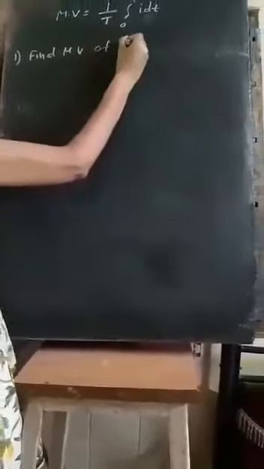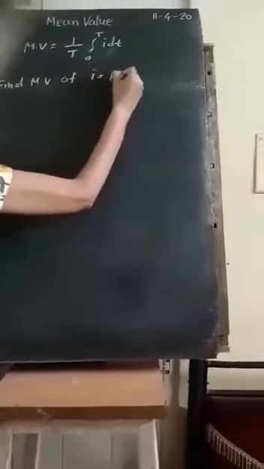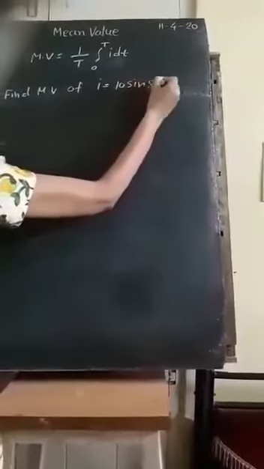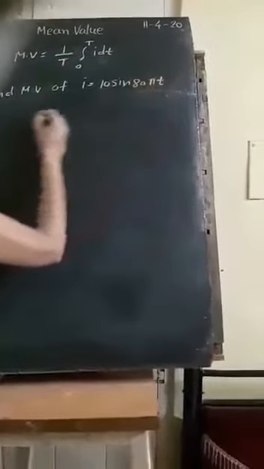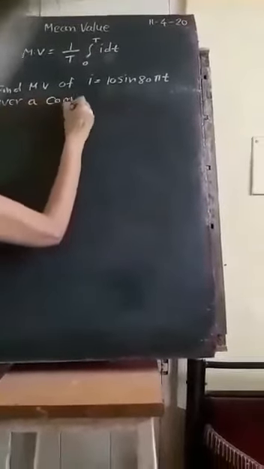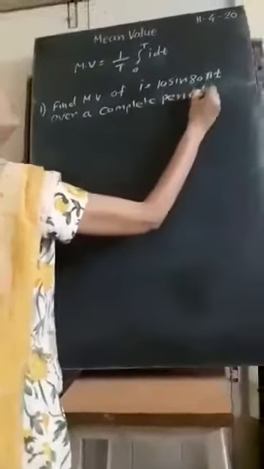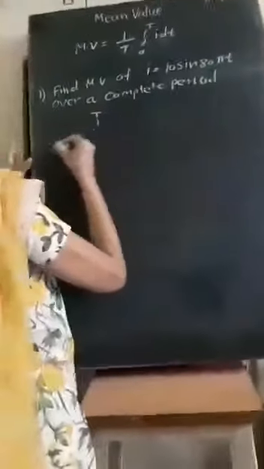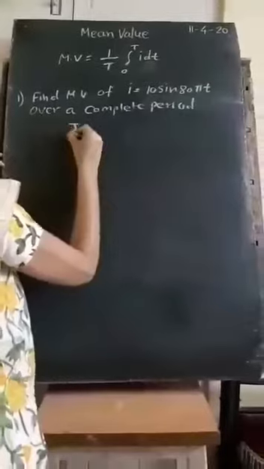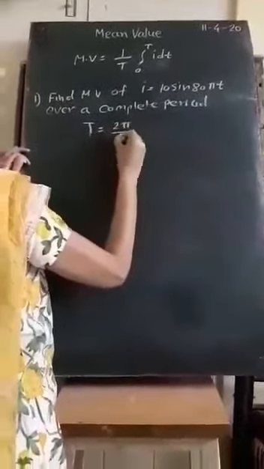Find the mean value of I equal to 10 sin 80 pi t over a complete period. As I have told how to calculate the complete period, it will be 2 pi upon p.